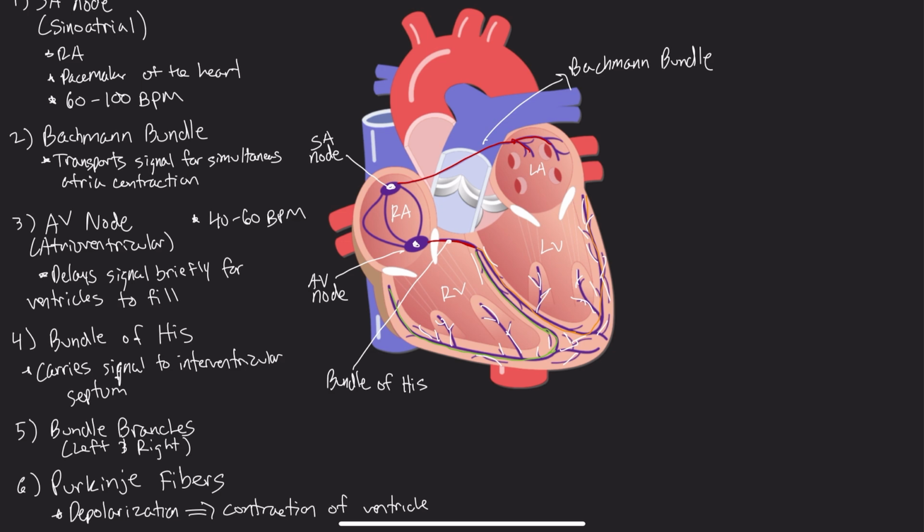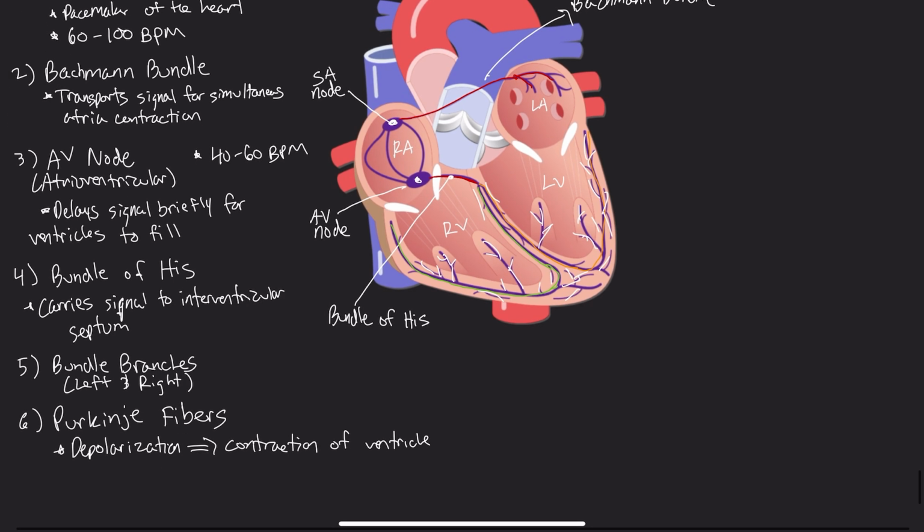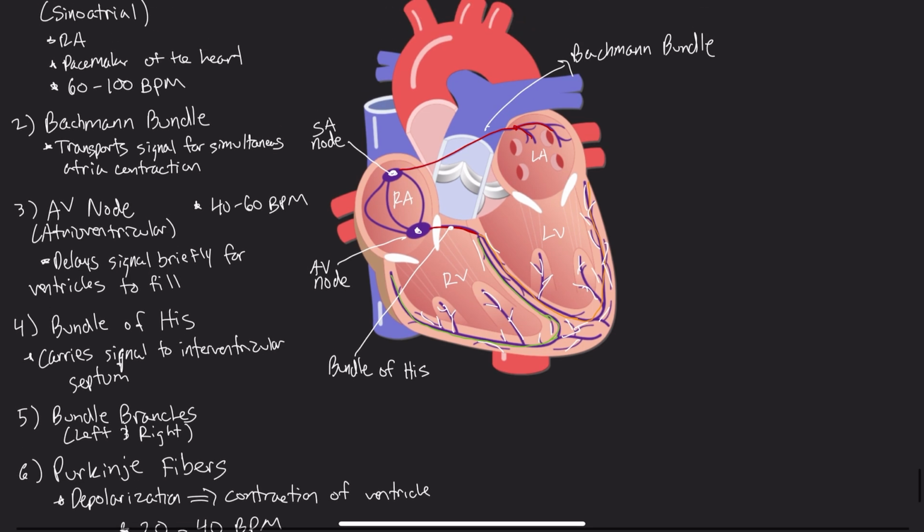And then even as a last resort, if your SA and AV node are not working properly, your Purkinje fibers have an intrinsic rate of 20 to 40 beats per minute. So not adequate for long-term sustainability, obviously, but maybe could buy you time until further intervention.